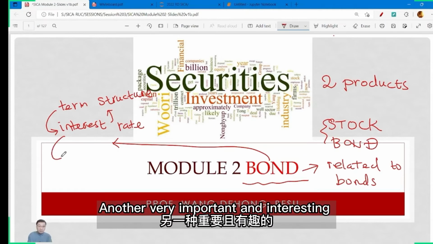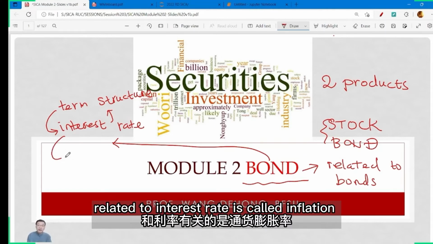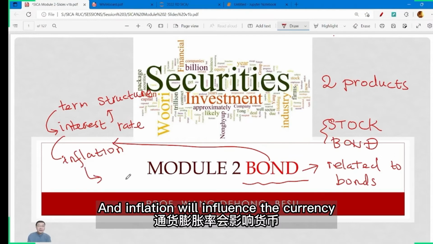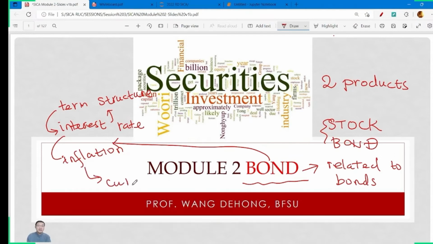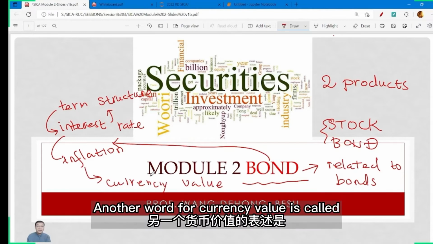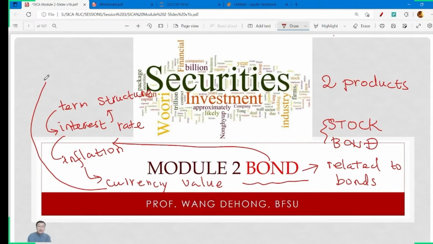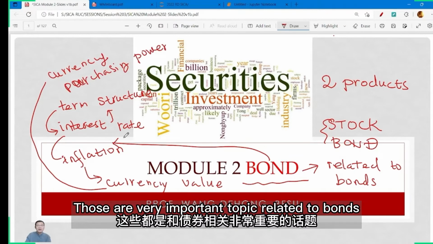Another very important and interesting topic related to interest rate is inflation. Inflation influences currency value, another word for which is currency purchasing power. Those are very important topics related to bonds.